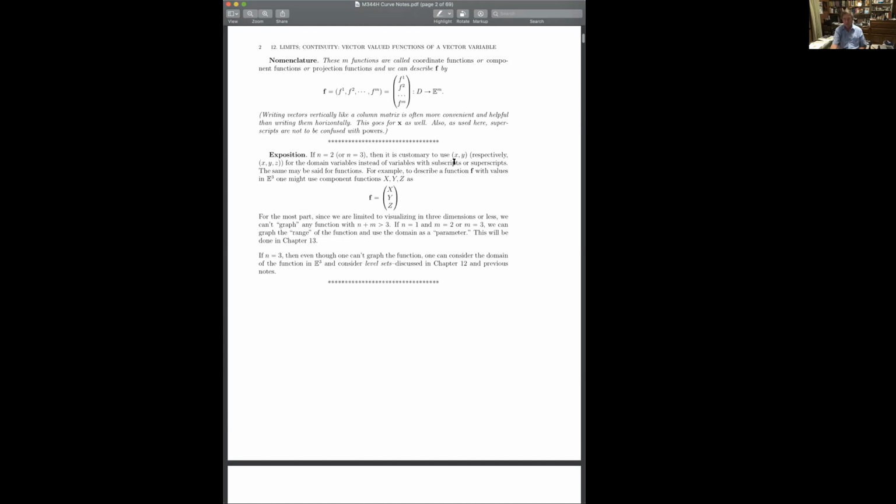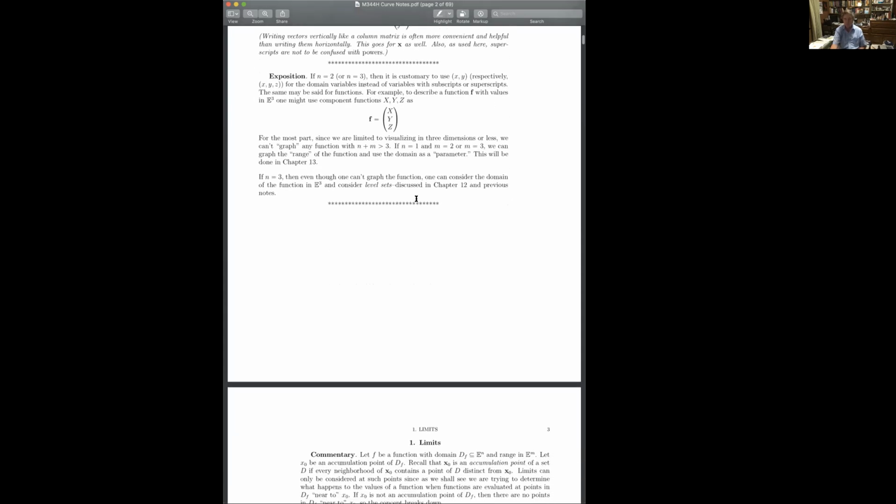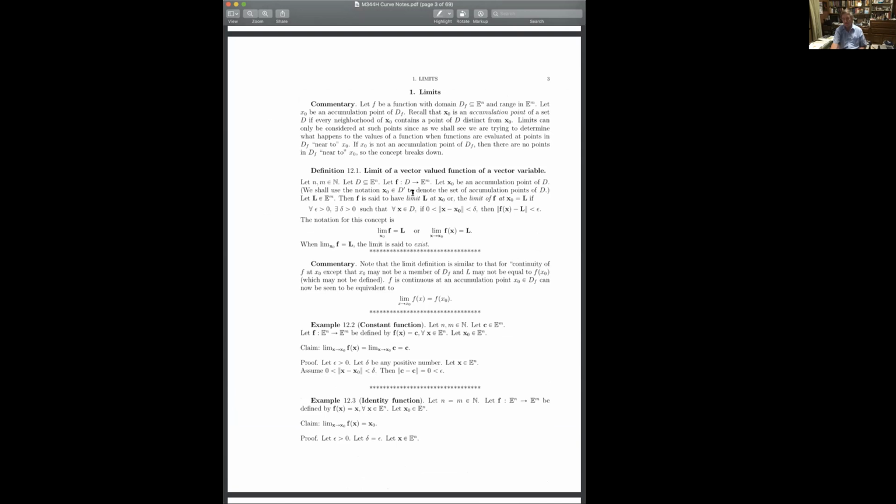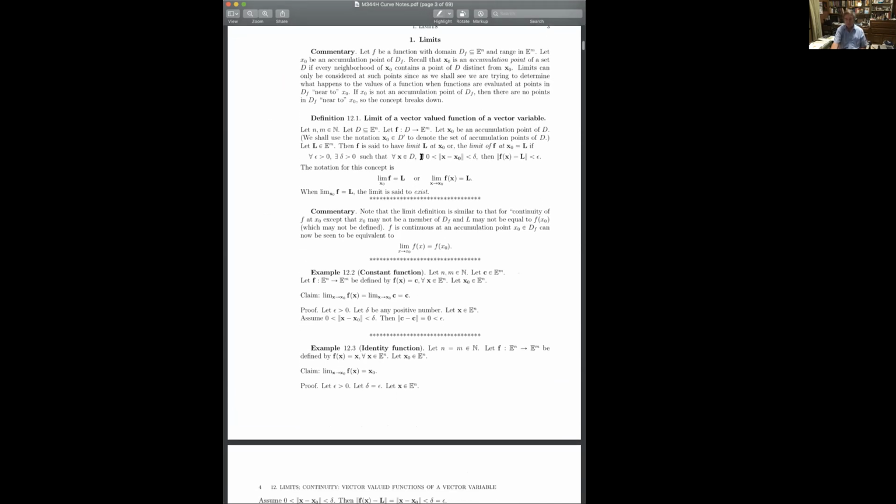When you say 2 or 3, that tells you what you have in terms of domain variables. This is the range. It's the space you go into. So we'll be talking more about that. But the first 2 pages are just trying to get you used to notation. And then we come up with this definition here.